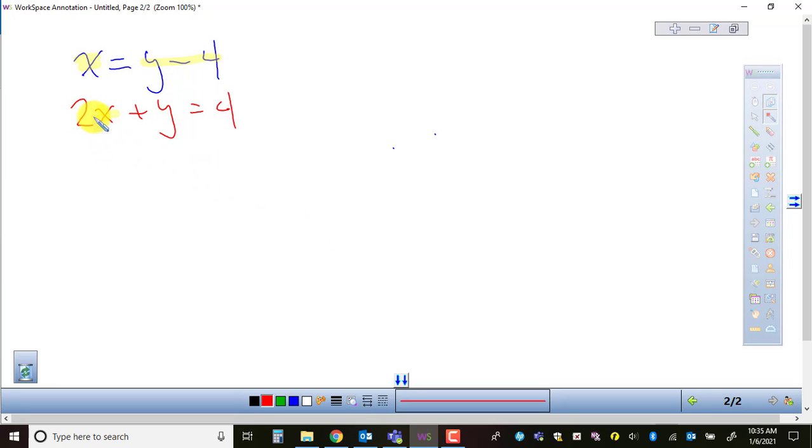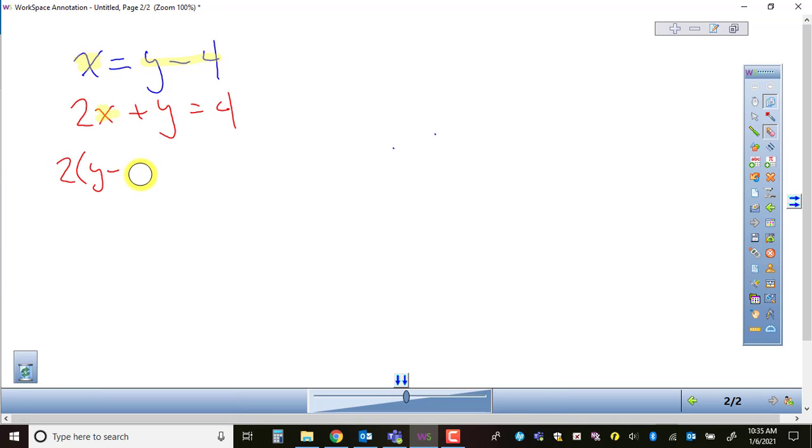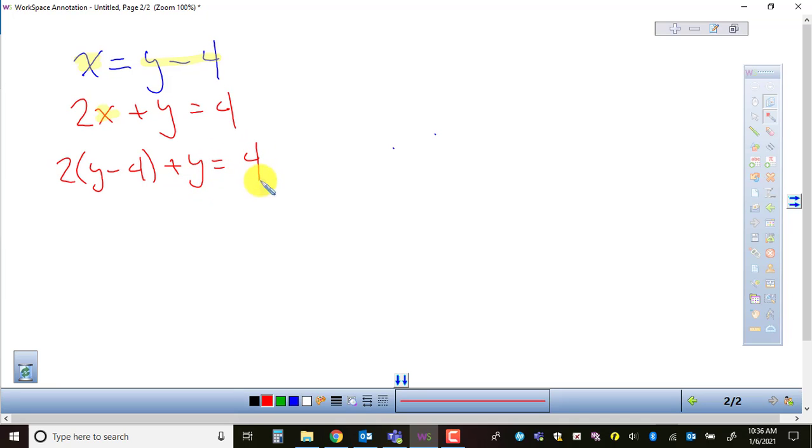Now, because I'm multiplying x by 2, I need to contain y minus 4 in parentheses. So I have 2, but instead of putting x here, I'm going to replace it with y minus 4, and then plus y is still here, equal to 4.